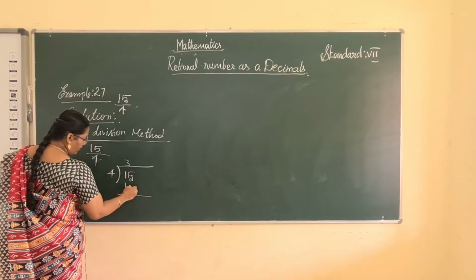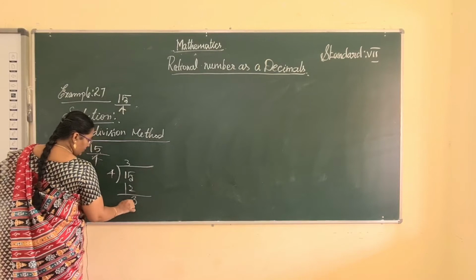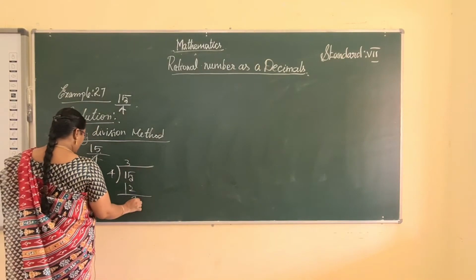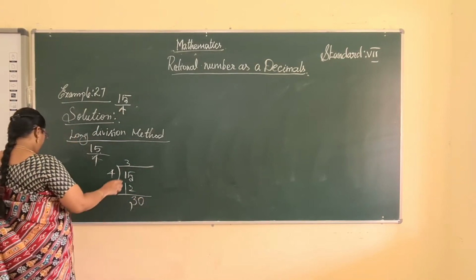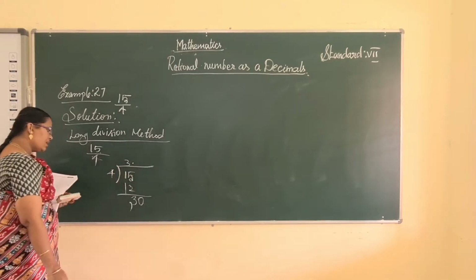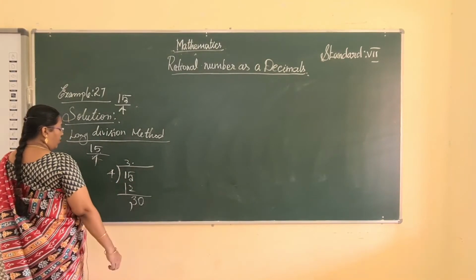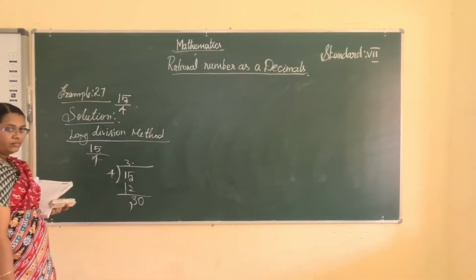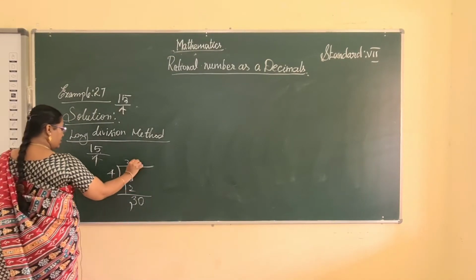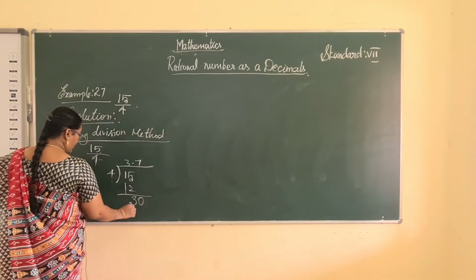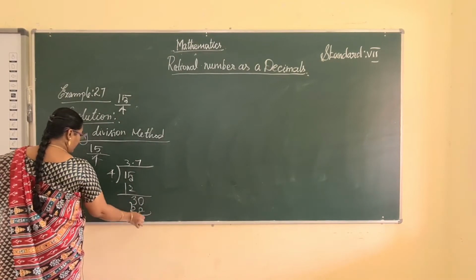What is remaining? 3. So add a 0, and in this place put the decimal point. How many times? 4 sevens are 28. So write 7 in the quotient, and write 28 here.